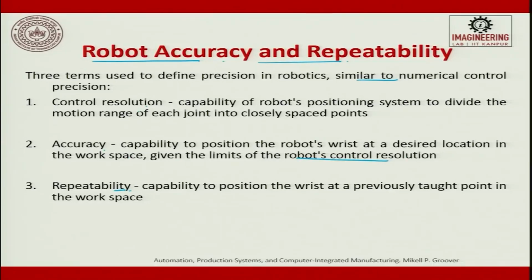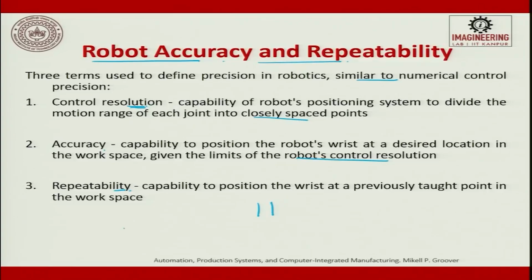The control resolution is the capability of a robo positioning system to divide the motion range of each joint into closely spaced points. If you talk about a computer, pixel is a resolution. The least count, the capability of a robo positioning system to divide the motion range of each joint into closely spaced points, is called resolution.